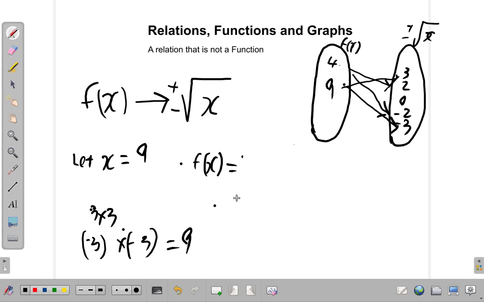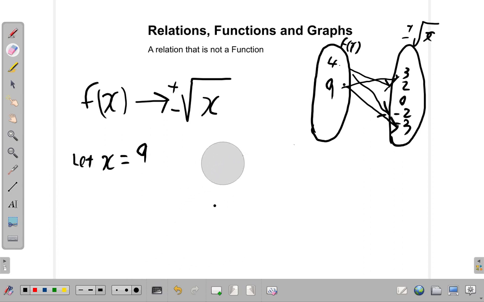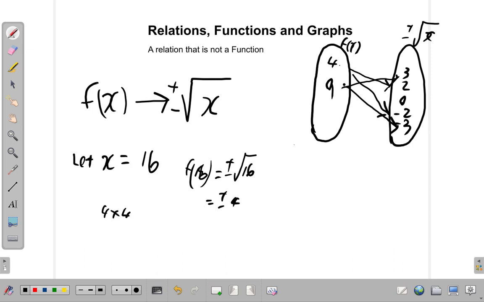Now, we could also put 16 as one more. So let our x be 16. So f of 16 is equal to plus or minus the square root of 16, which is plus or minus 4, because 4 multiplies itself to give 16, and negative 4 multiplies itself also to give 16.